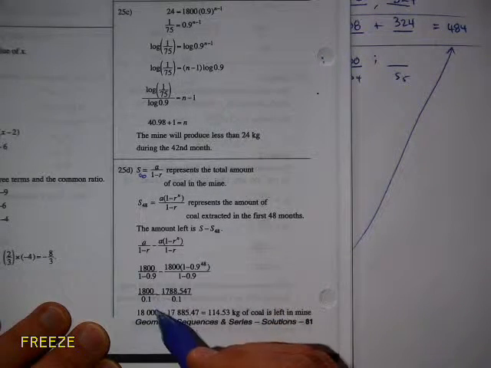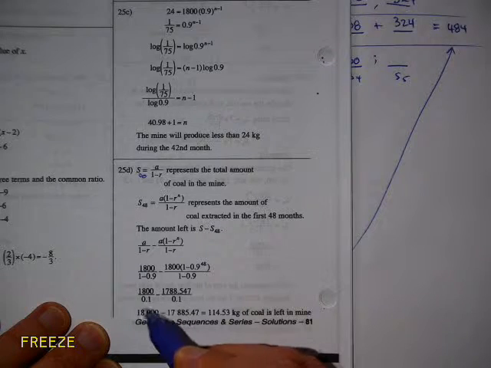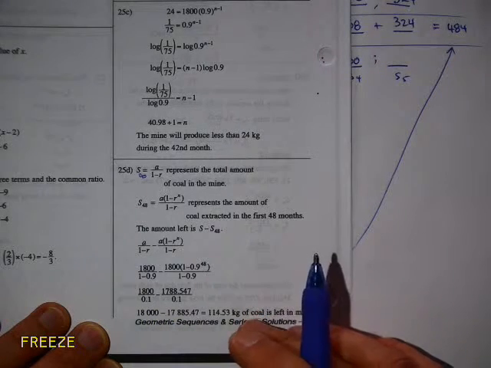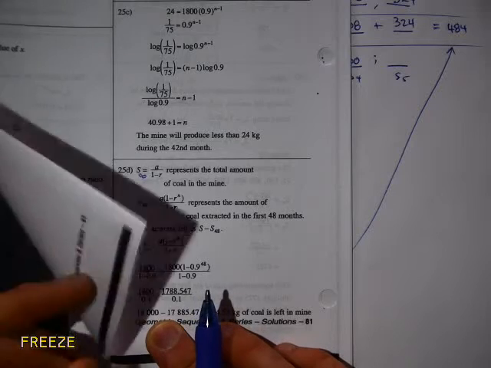This is our total amount forever in the, is that the number that we used in our table?